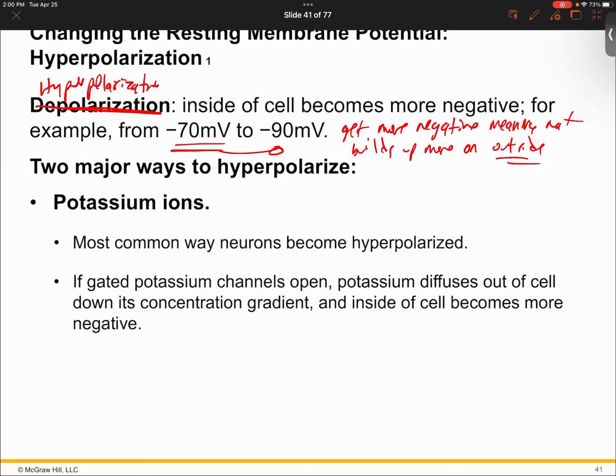There are two different ways to hyperpolarize, right? With your potassium is how you normally do it. Generally speaking, your gated potassium channels open up, and your potassium diffuses out of the cell down its concentration gradient. That makes the inside become more negative.